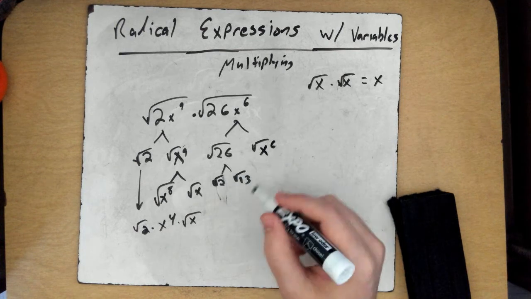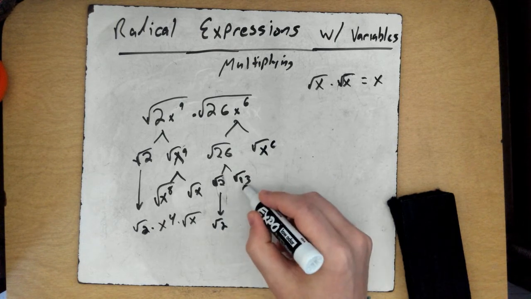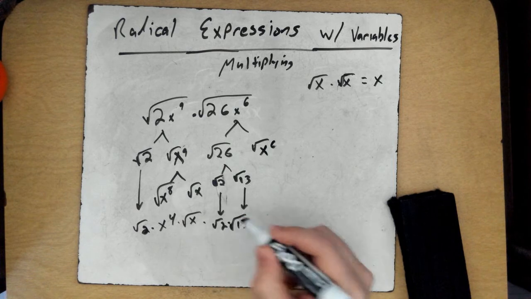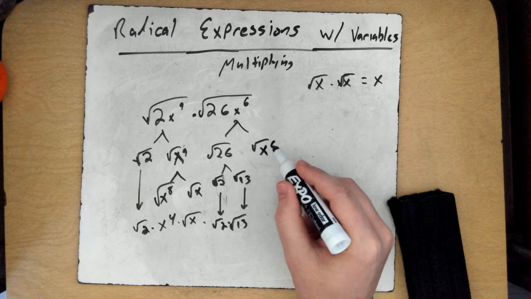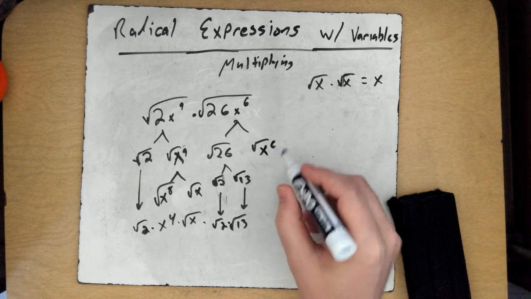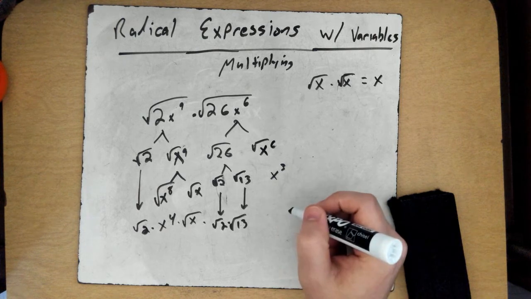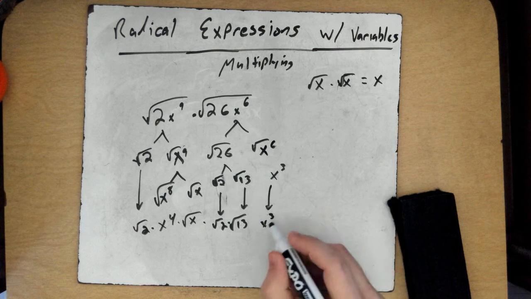We'll leave them the way they are. Actually, I'm going to go ahead and bring those down here. X to the 6th, look at our variable, it's even, which means we can take our 6, divide it by 2, to get x to the 3rd, and then we're going to bring that down, x to the 3rd.